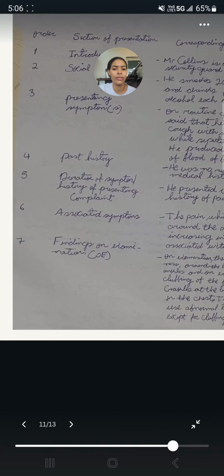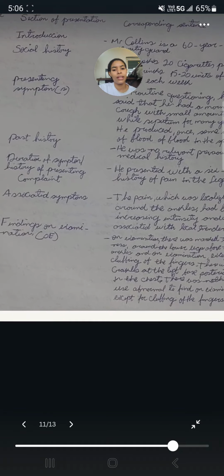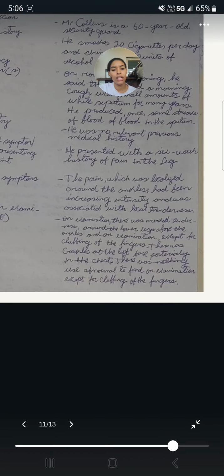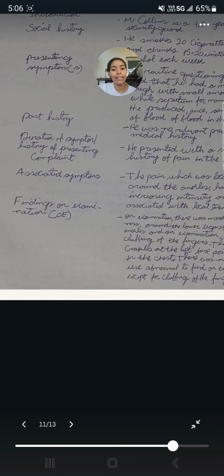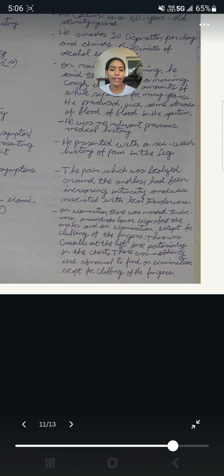Duration of symptoms, or history of presenting complaint: he presented with a 6-week history of pain in the leg. We have associated symptoms: the pain, which was localized around the ankles, had been increasing in intensity and was associated with local tenderness.